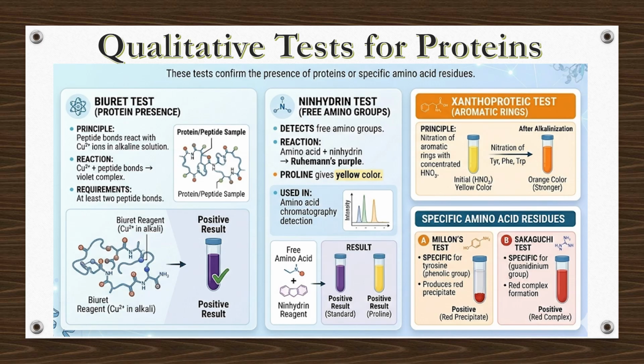The Sullivan test distinguishes cysteine, whose free thiol groups react with sodium nitroprusside to give a red or purple color.